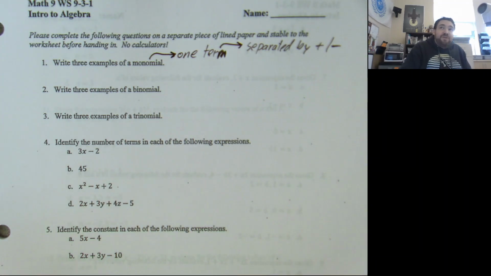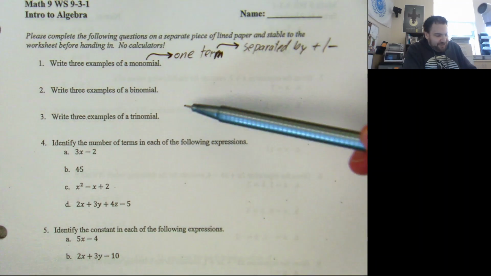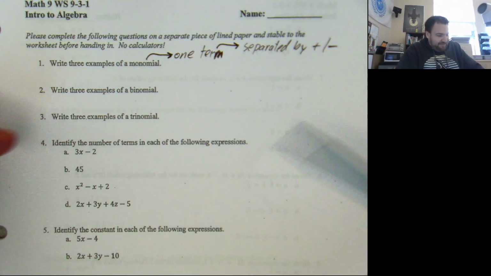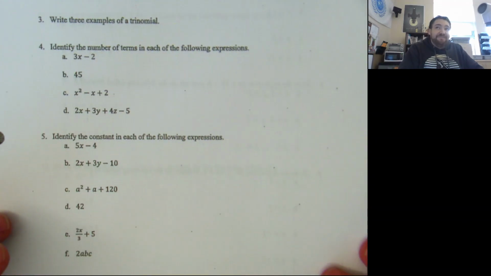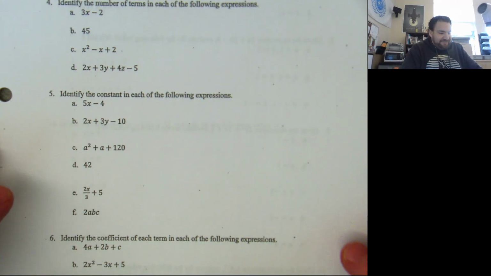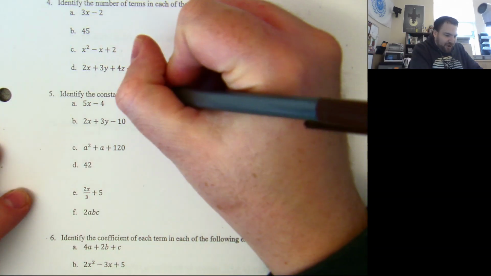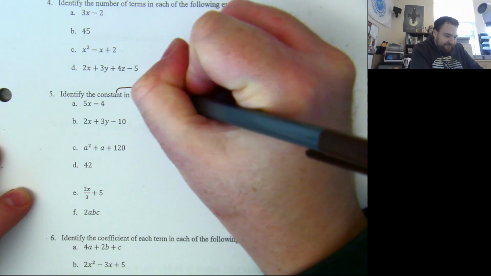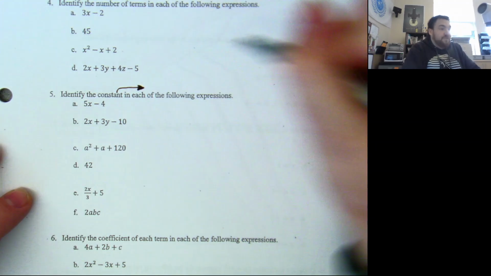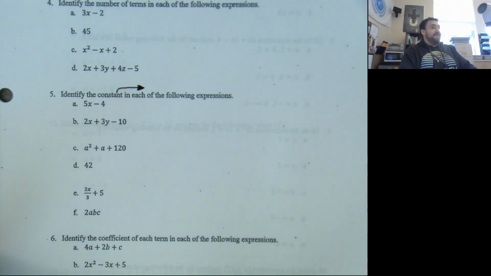Cool. So there's a bunch there that you can do. You can look at, I think, almost everything there. What makes a term a constant? Go down here to number 5. How do we know whether or not something's a constant? How do you know whether or not something is a constant?